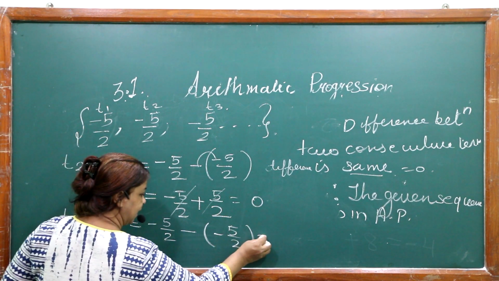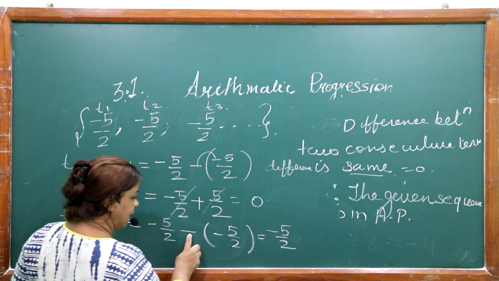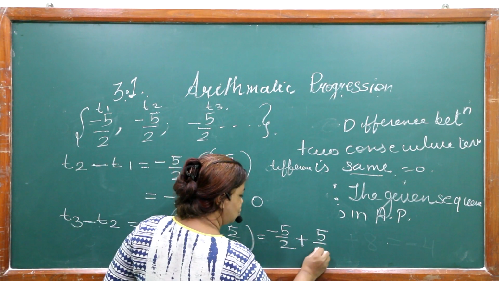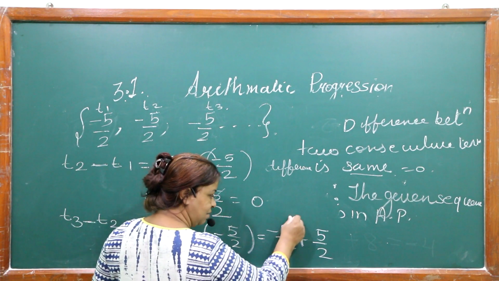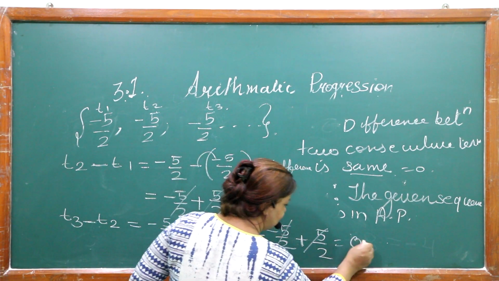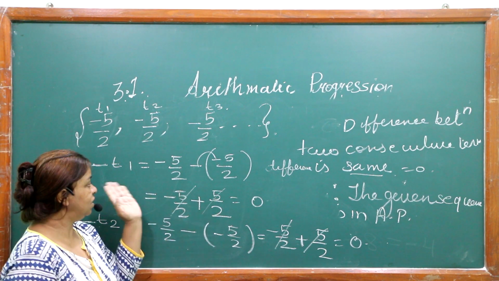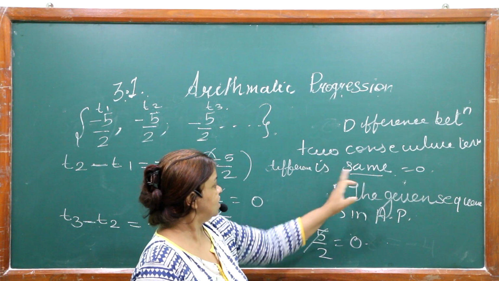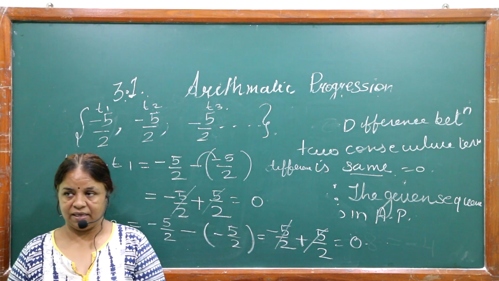If I open the bracket, minus 5 by 2 minus minus plus 5 by 2, minus and plus, subtraction, but the magnitude is the same, therefore they get cancelled and you get 0. Now there are only 3 terms. The difference between the two consecutive terms, we are getting 0. The difference is the same, therefore the given sequence is in AP.